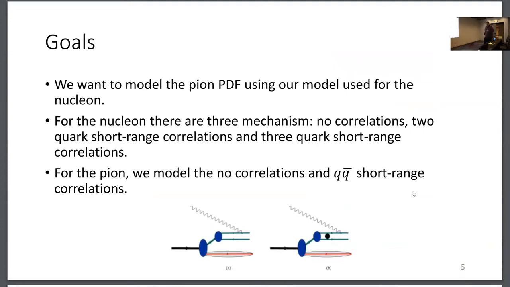So Chris mostly talked about the model, but we want to use it for the pion. He was talking about the nucleon having the soft contribution, no correlation, the 2-quark short-range correlation, and the 3-quark short-range correlations. For the pion, since there are just 2 valence partons, we're just doing the quark-antiquark short-range correlation.